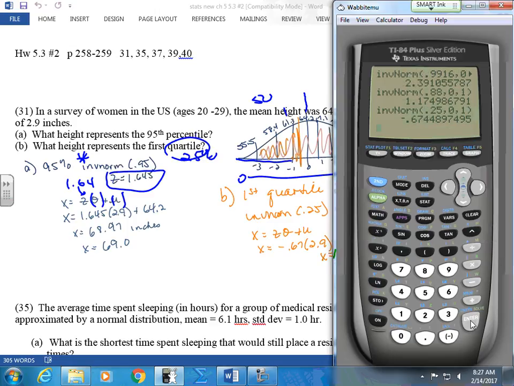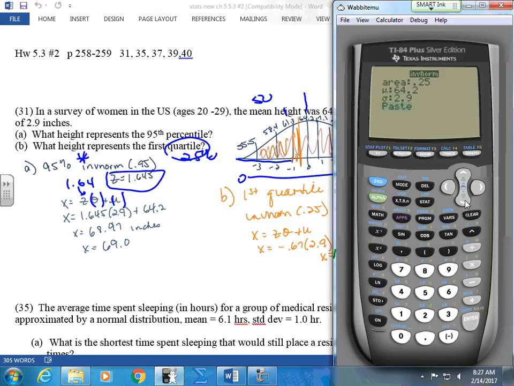If you want to go right to your x value, just come down here and now plug in your area. That stays the same. Plug in your mean. Your mean was 64.2. And what was your standard deviation? 2.9. Plug this in here.